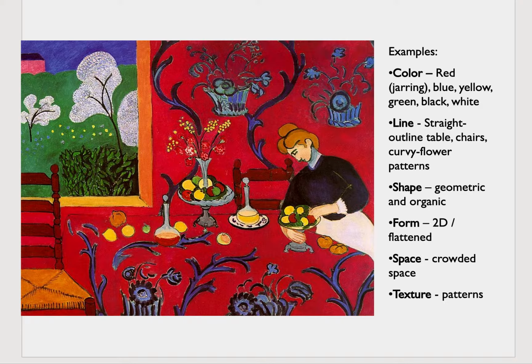It fights with the foreground space. And then, what's the texture? There's a lot of patterns here. So those are the kinds of things you're doing. You're looking at the work, you're looking at what's being presented to you, and you're making a list of the elements of design and saying what you see for each one of those.